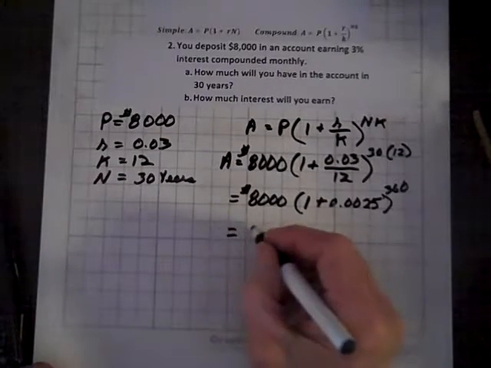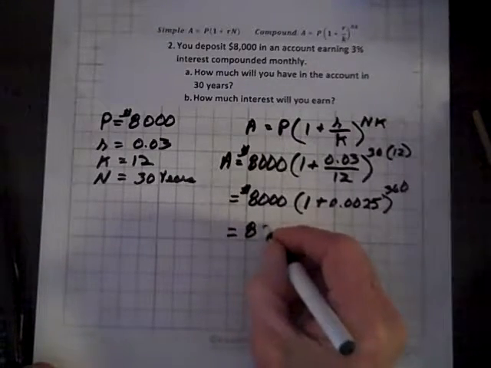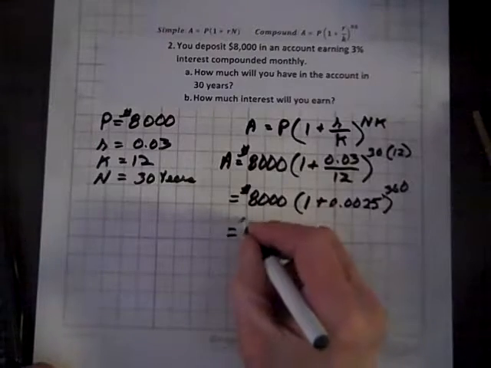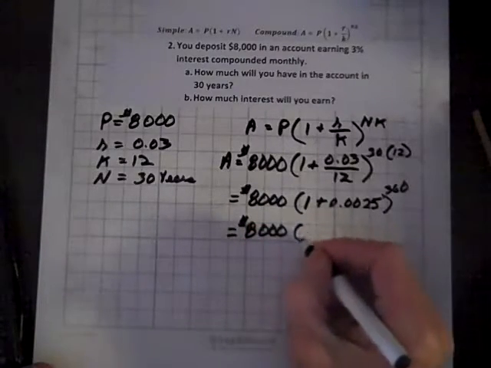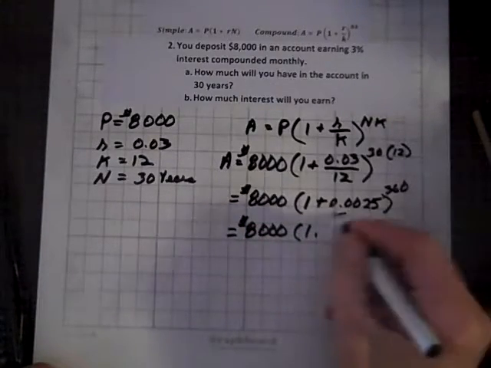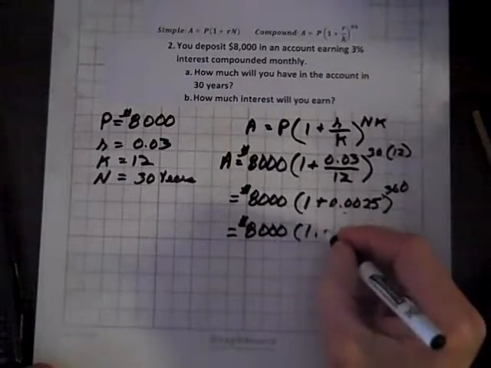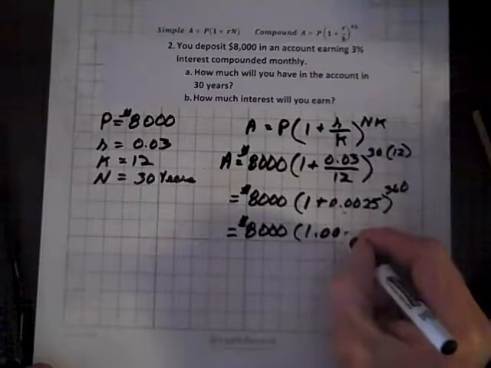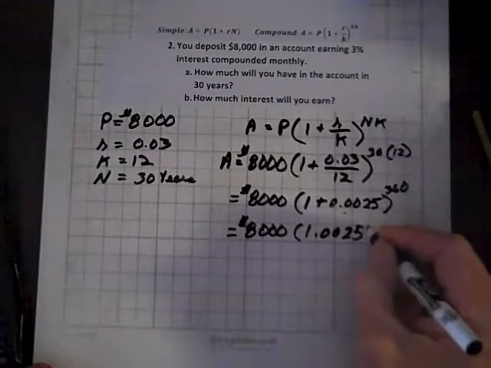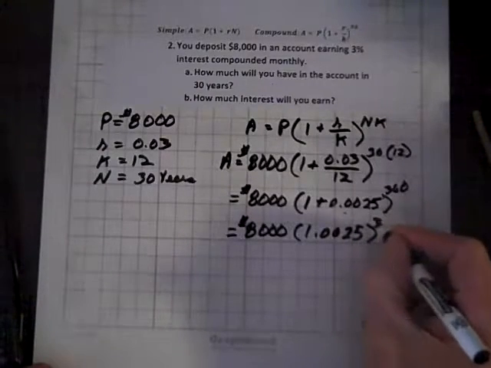So that equals 8,000 times 1.0025 raised to the 360.